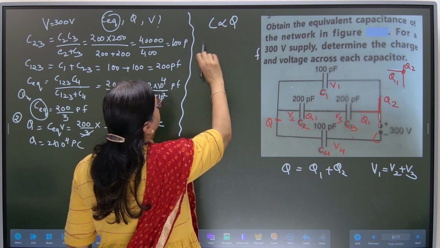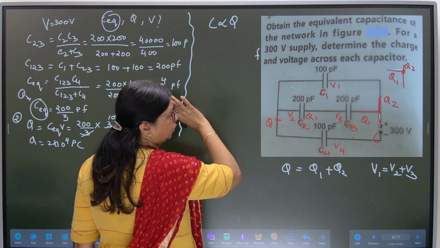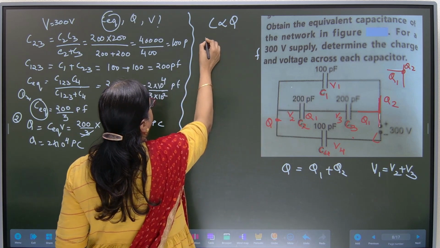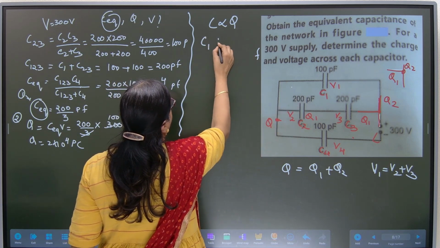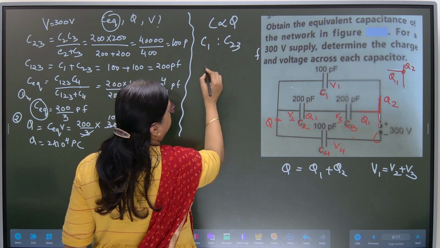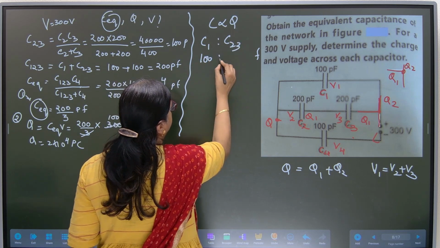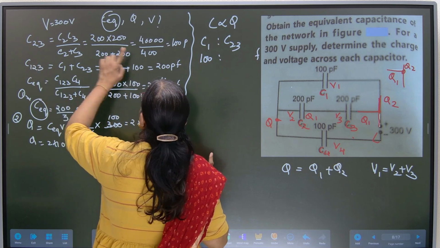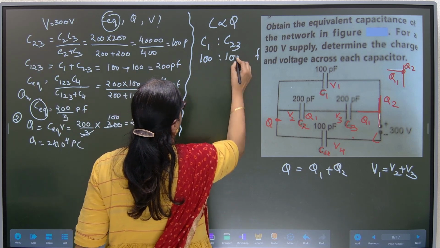Okay, so how much C? That much is the Q. So what is the ratio? C1 is to C2, C1 is 100 picofarad as you can see, and C2 from here we got it as 100.